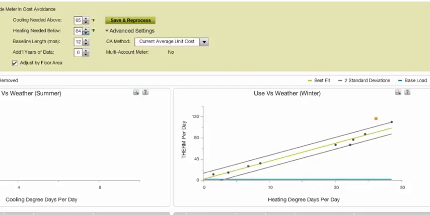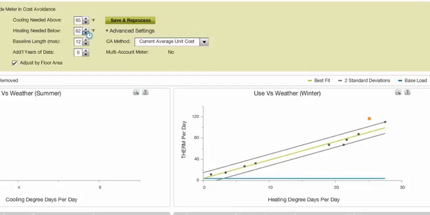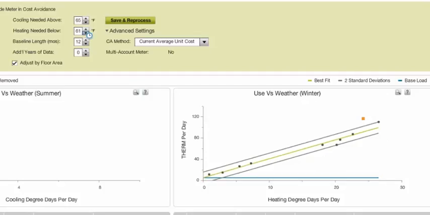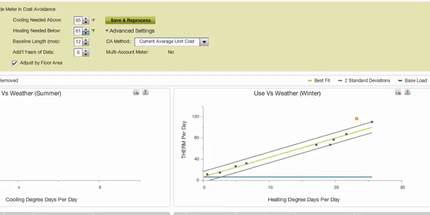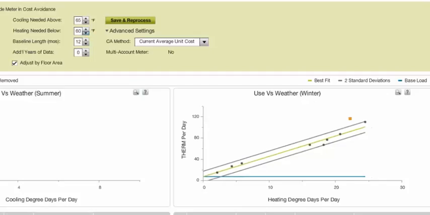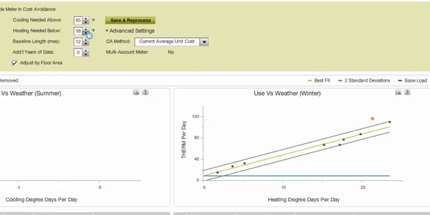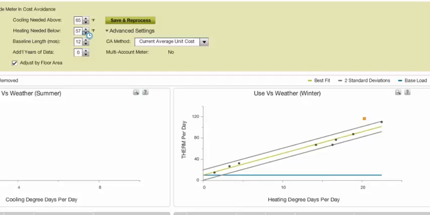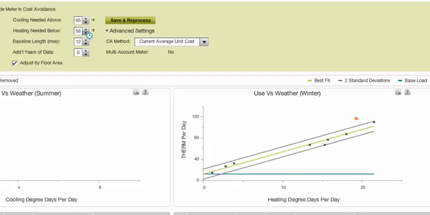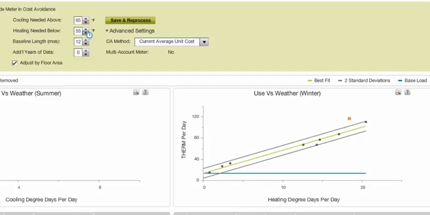By lowering the balance point, we recalculate the degree days in each bill, and you'll notice all the points move to the right, because with a lower balance point, we're lowering the temperature at which we have degree days. So notice one of those points just fell off the graph. And I'll lower it a little bit more. 57, 56.